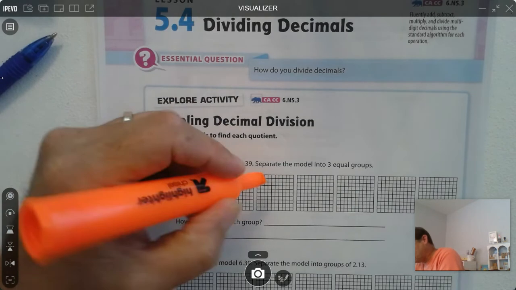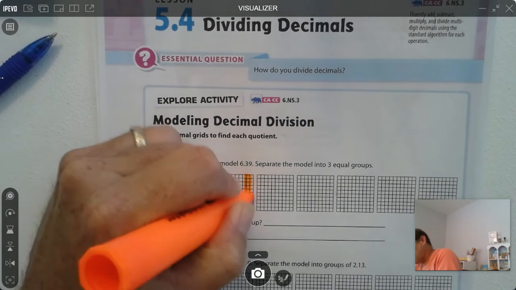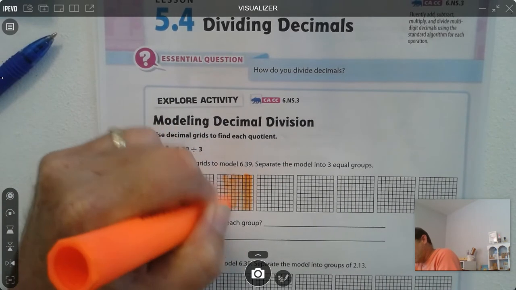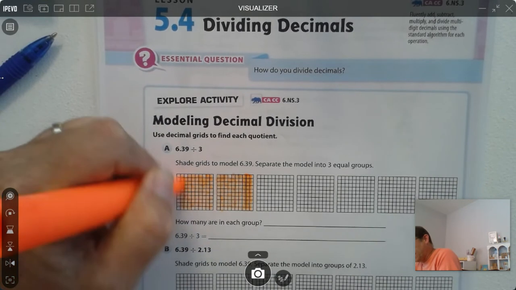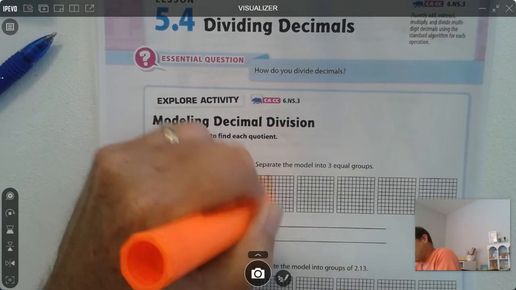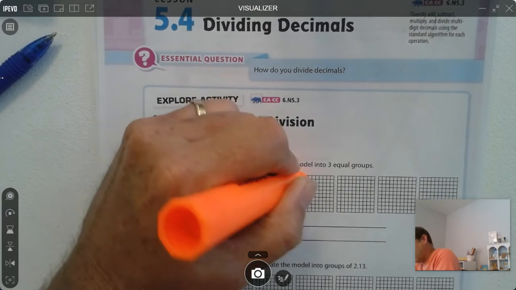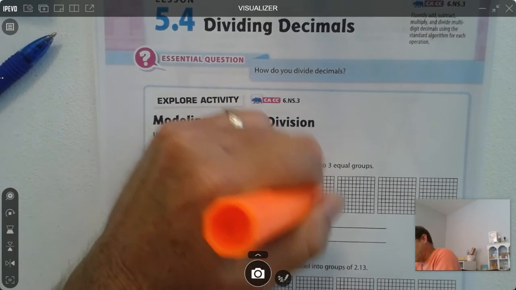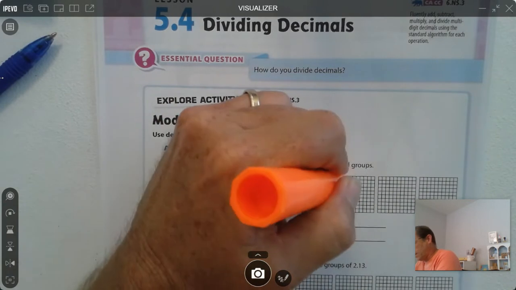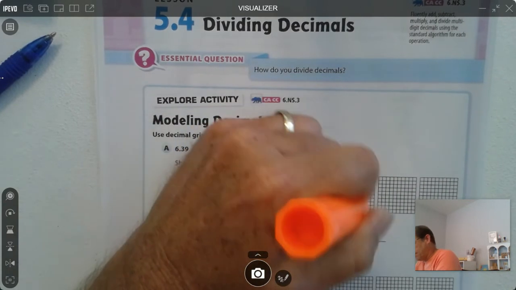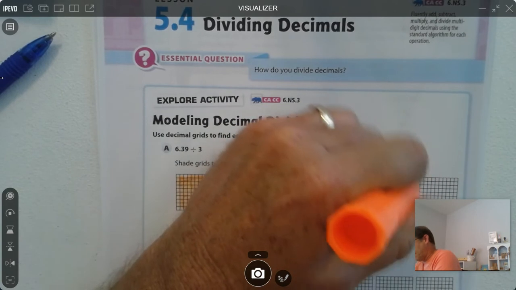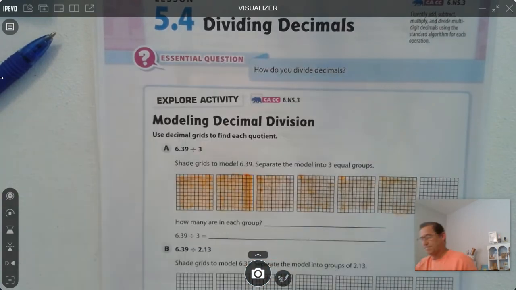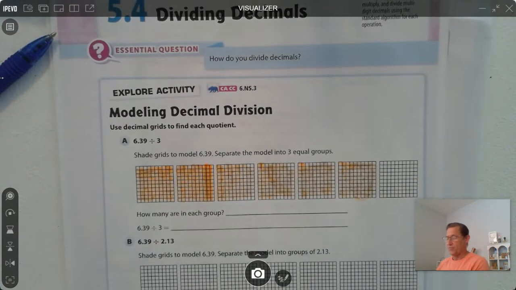So if we shade 639 first, each of these is worth 100. So 400, 500, 600, and then 39.